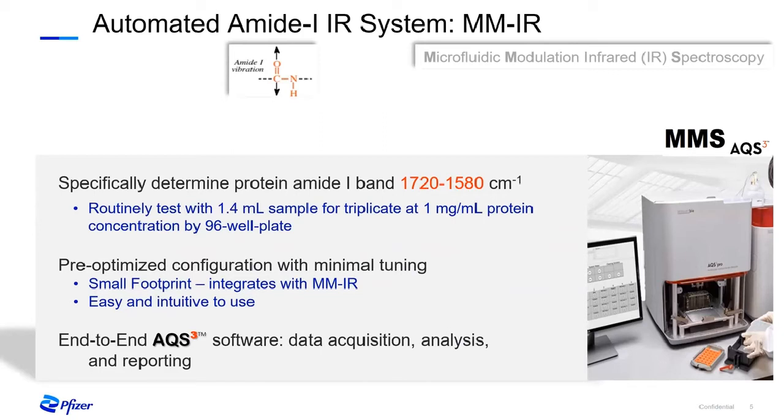Why? Because MMIR specifically determines the protein amide I band at 1720 to 1580 wavenumber, and can routinely test with 1.4 mL sample in triplicate at 1 mg per mL protein concentration with a 96-well plate.